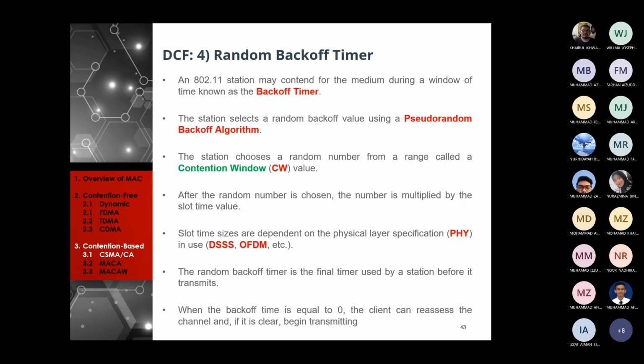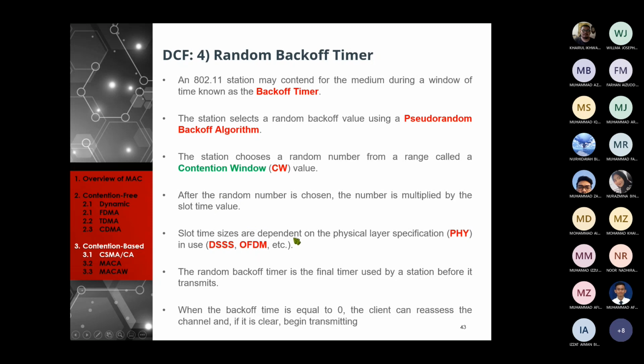Yang keempat, kita ada random backoff timer. Okay. An 802.11 station may contend for the medium during a window of time known as a backoff timer. The station selects a random backoff value using a pseudo-random backoff algorithm. The station chooses a random number from a range called a contention window. So after the random number is chosen, the number is multiplied by the slot time value.